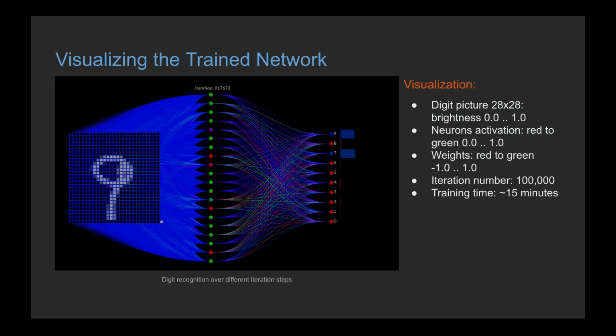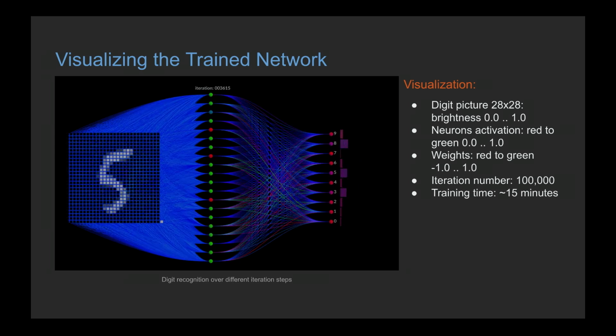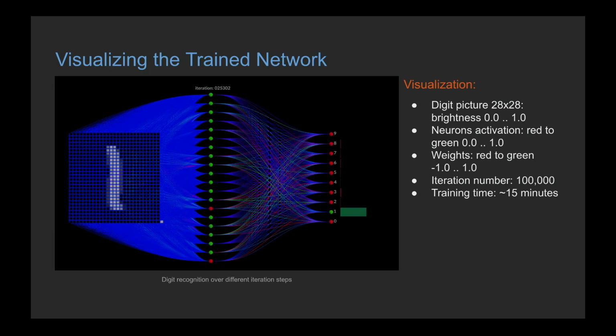And then after 100,000 iterations, the training time for that was around 15 minutes. We get something that actually gives us pleasing results. I mean, it's not that good at the beginning, but closer to the end of the iteration cycle, or training, I should say, it becomes a little more accurate.